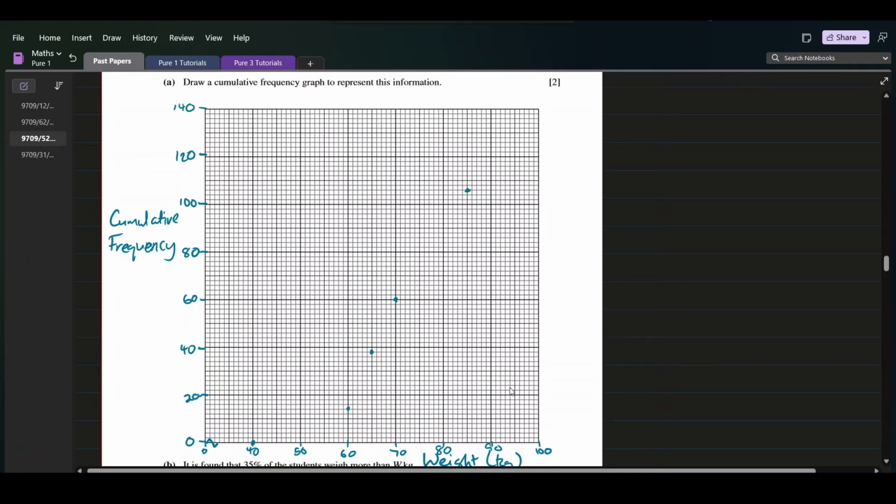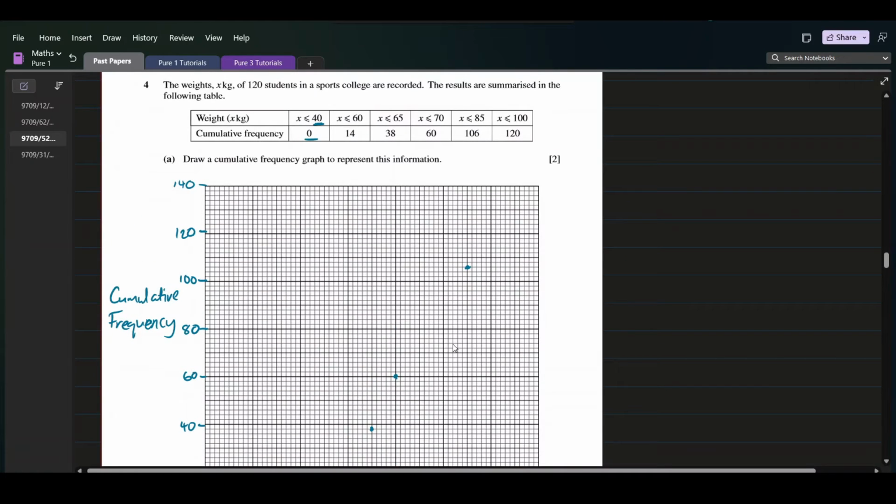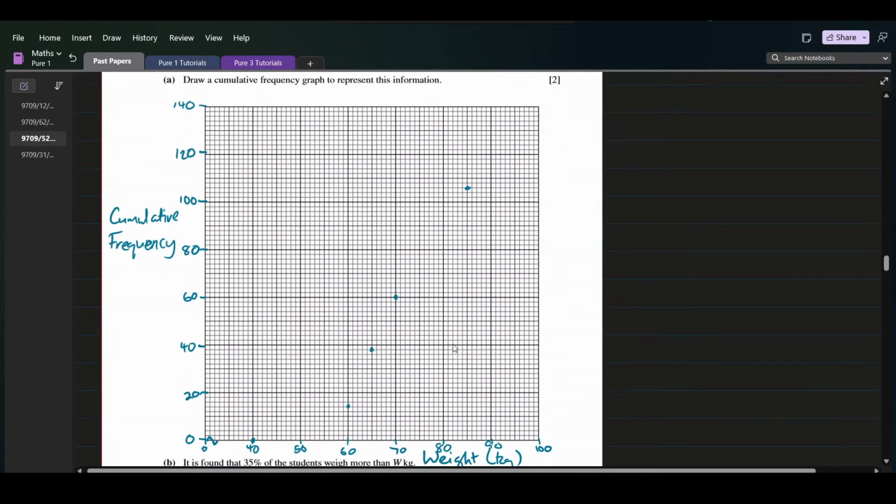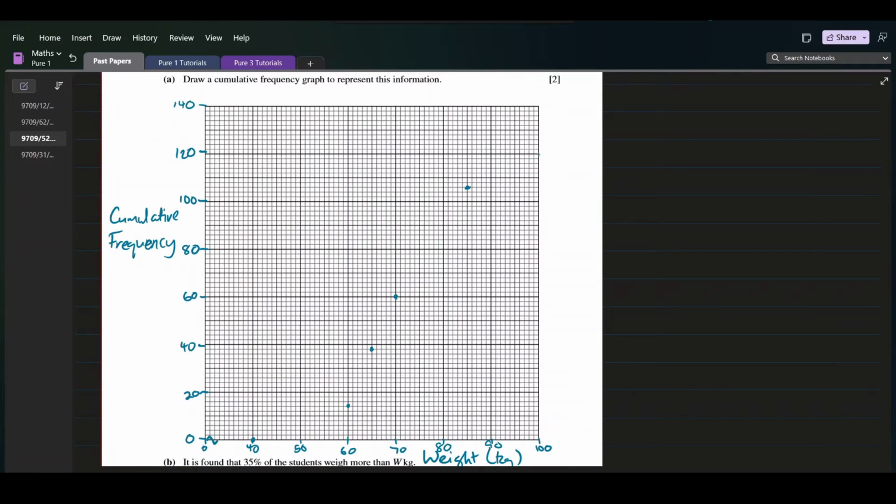That's 85, 106. And our final point is at 100, 120. So that's over here. And then let's join our points, trying to make an S-shaped graph. So something like this.